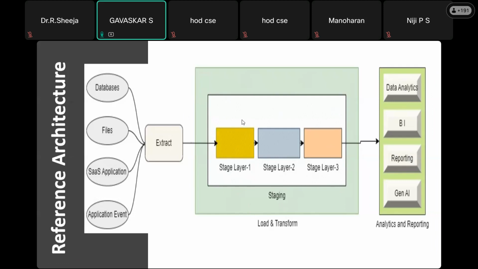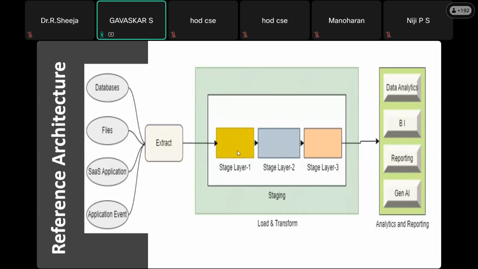Based on the complexity of the project, you may have different sets of staging layers. I worked on one project where we had five staging layers. If the project is not too complex, we may have only 3 layers. That's what we call the bronze layer, silver layer, and gold layer.